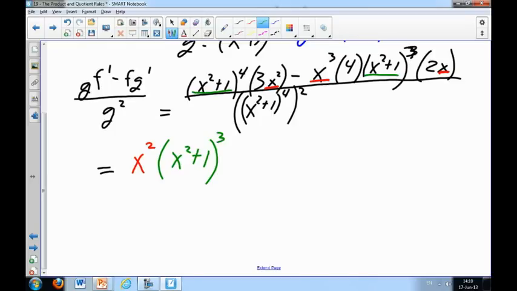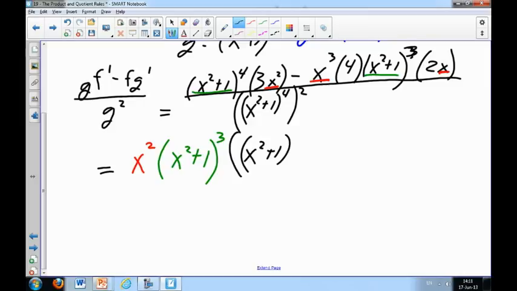Now there are no other terms that we can factor out, so we're going to need to multiply this by, and let's factor things out, of the x squared plus 1, there's 4 of them, and we're factoring 3 of them out. So one of them is left, x squared plus 1.